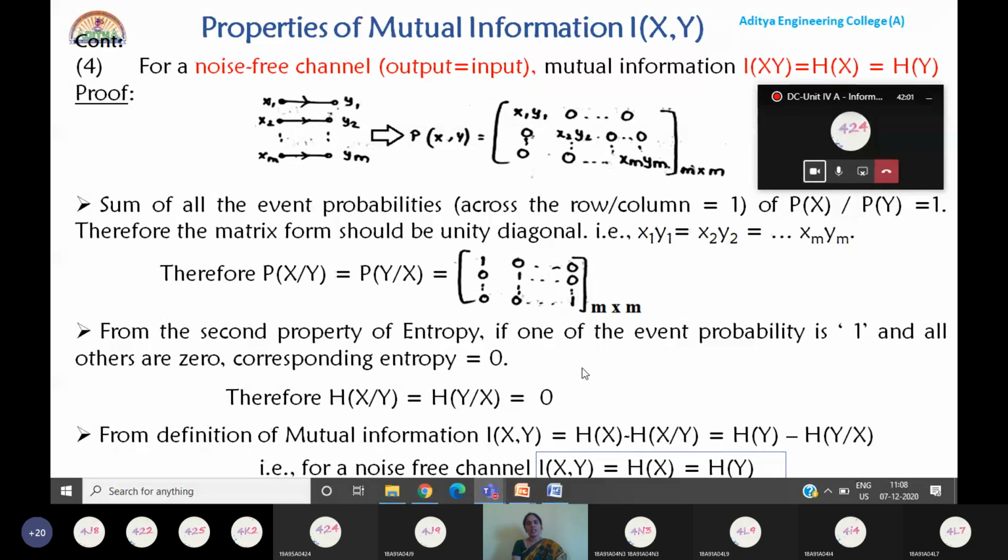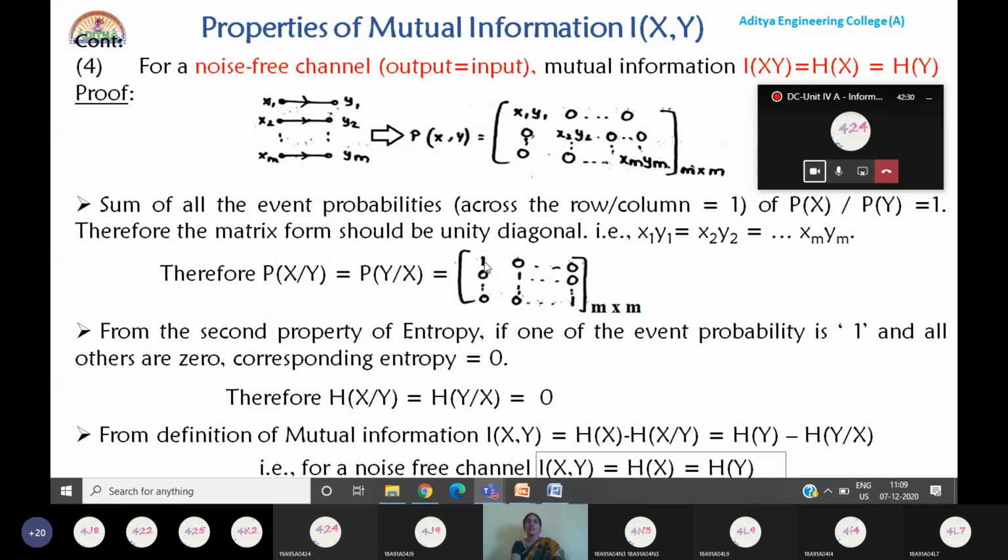Even though we have M number of events or M number of occurrences, if any one of the probability of event is maximum, that is equal to 1, and all others are 0, so if you consider any row or any column, only one element or one event has maximum probability equal to 1 and all others are 0, then the corresponding entropy is 0.